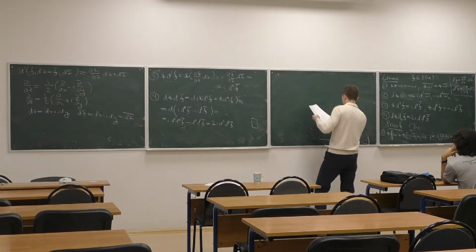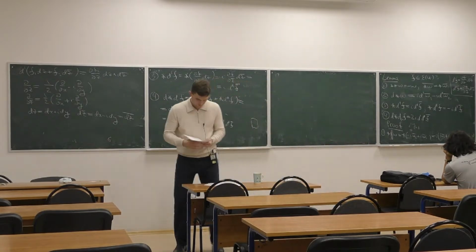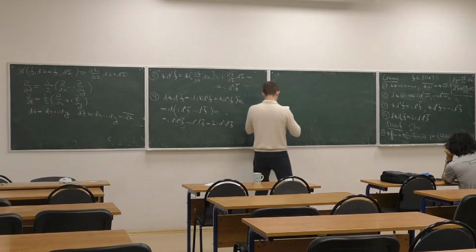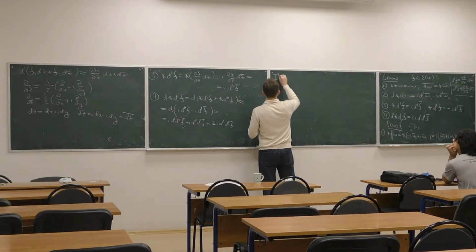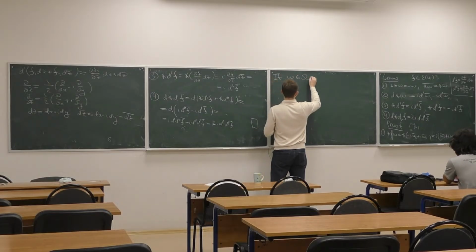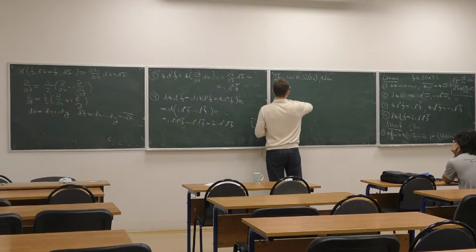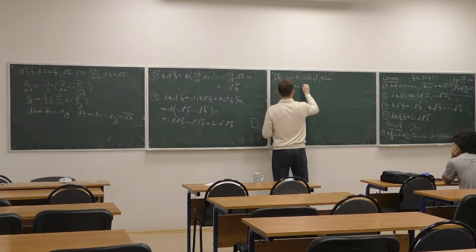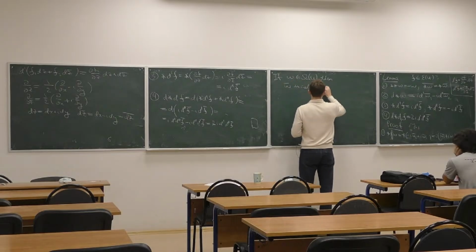Also, we have a definition of anti-holomorphic form. If omega is a holomorphic form, then omega bar is called anti-holomorphic.